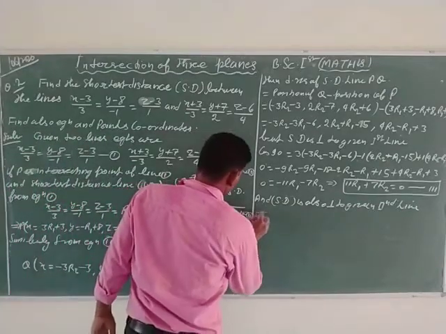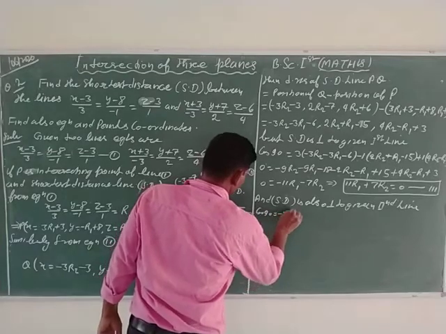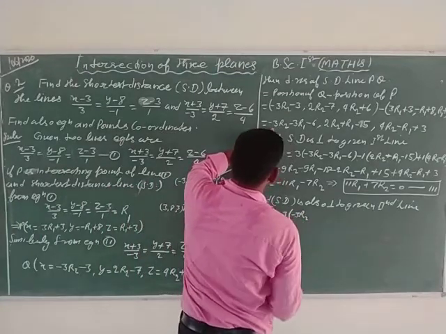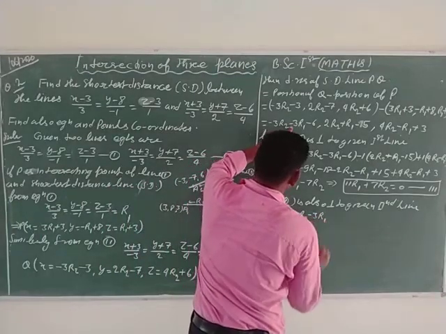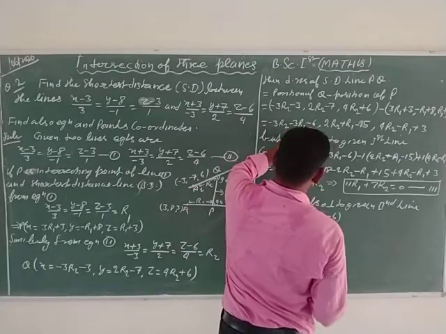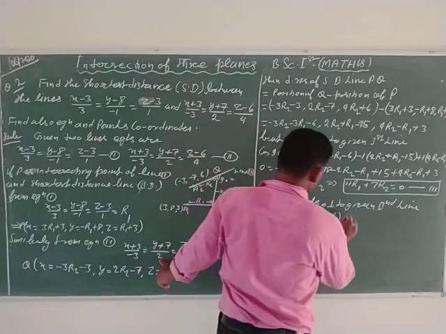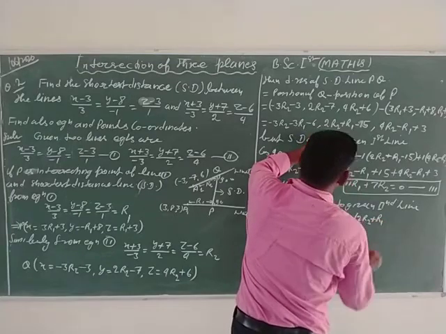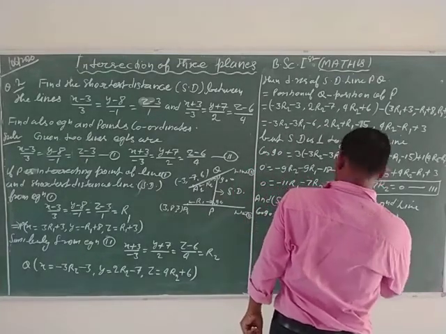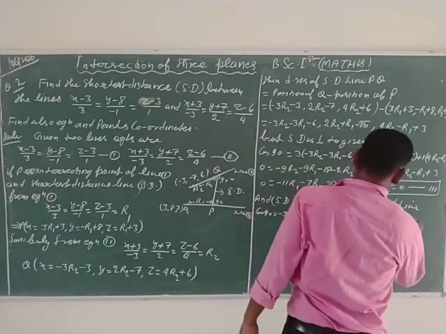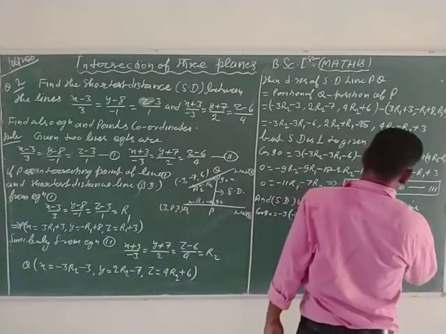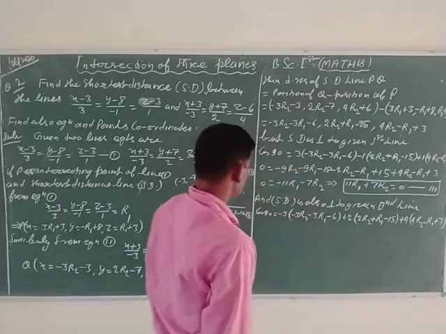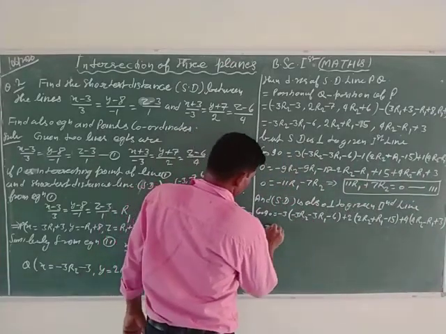So multiplying, cos 90 is equal to minus 3 into minus 3 R2 minus 3 R1 minus 6, and plus 2 into 2 R2 plus R1 minus 15, at last plus 4 times 4 R2 minus R1 plus 3.